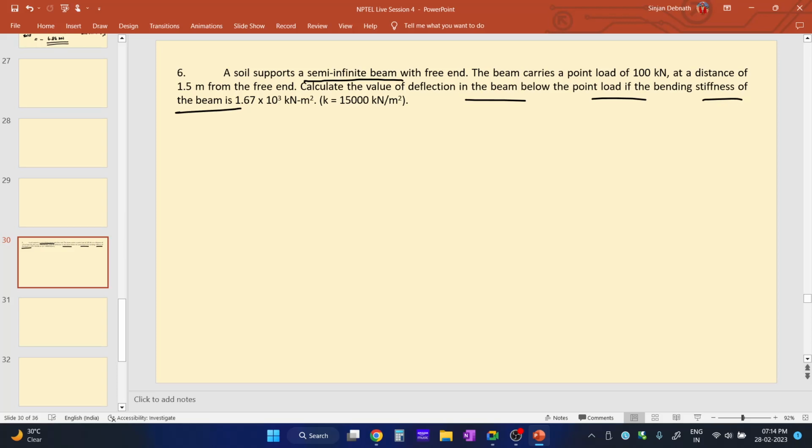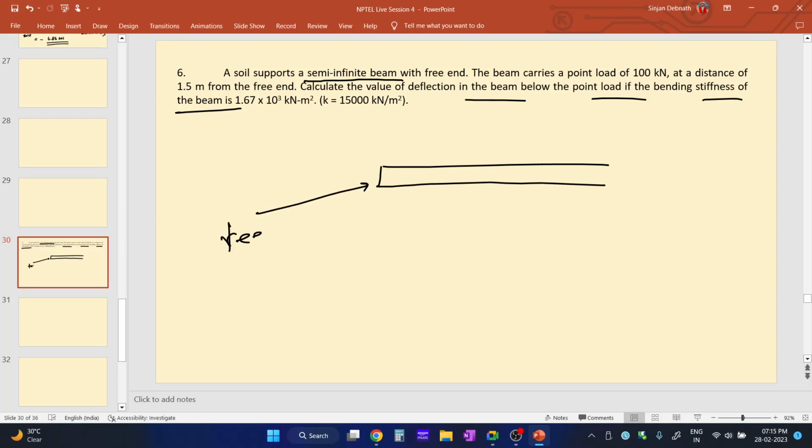So what is happening is that there is a semi-infinite beam with a free end. One end is free and another end tends towards infinity. The beam carries a point load of 100 kilonewton at a distance of 1.5 meter from that free end. Let me draw it first. This end is free and this one tends to positive infinity.